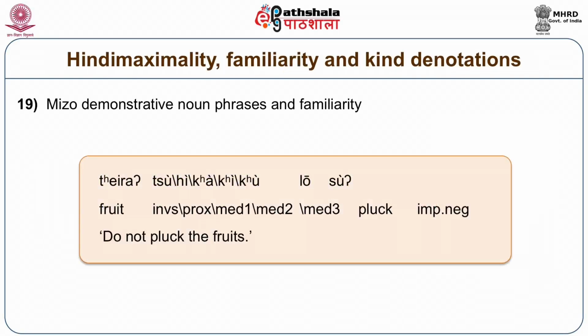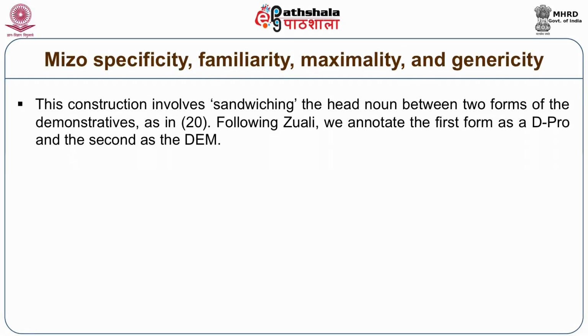Another form that occurs in Mizo, whose description we are not fully confident of, is what she calls the specific definite construction, which I shall call the familiar specific construction. This construction involves sandwiching the head noun between two forms of the demonstrative.